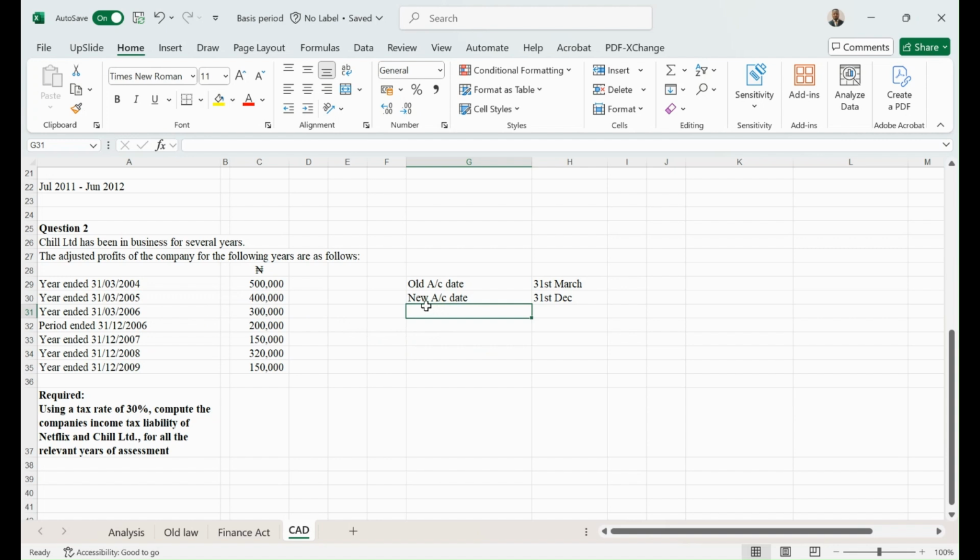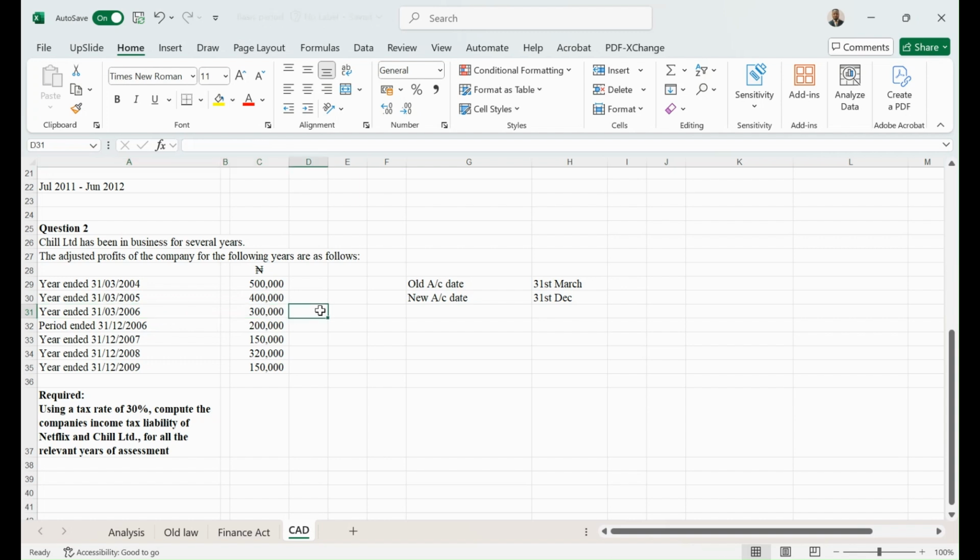The year of change is now, look at that. In 2004, was the old accounting date used? Yes. So 2004 is not the year of change. 2005, was it used? Yes. 2006, even though the company changed in 2006, the old accounting date had already been used before they prepared another financial statement.